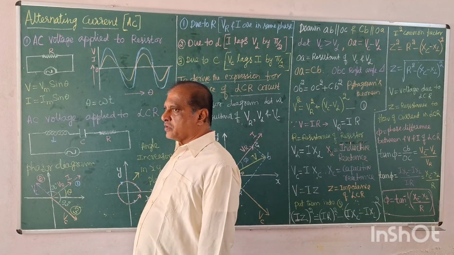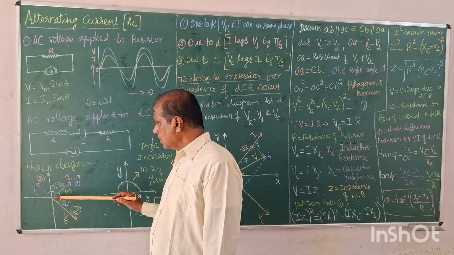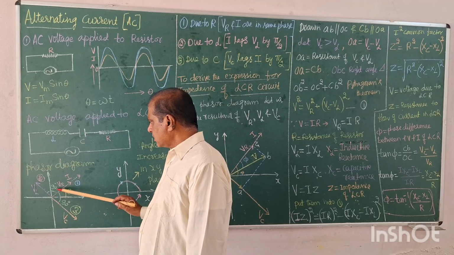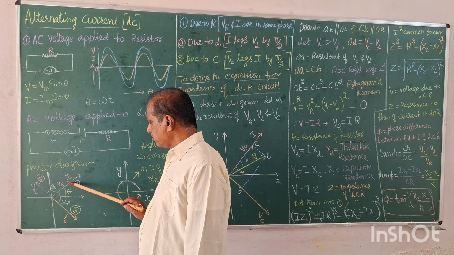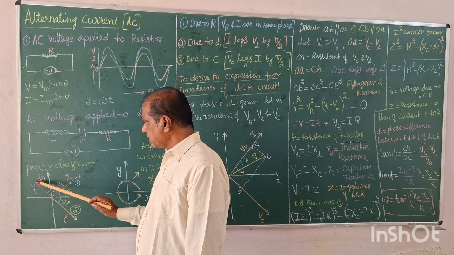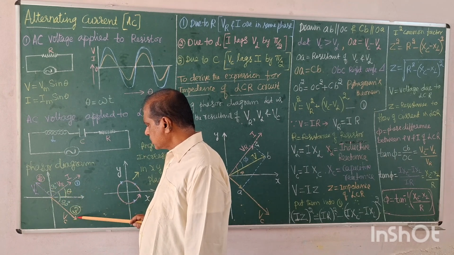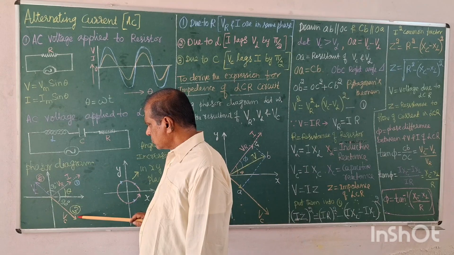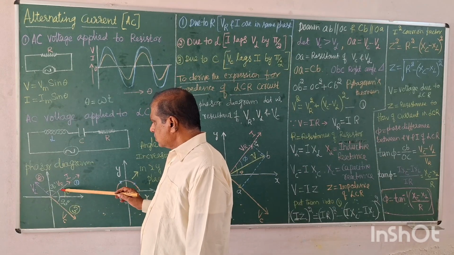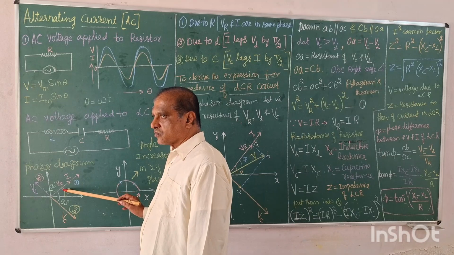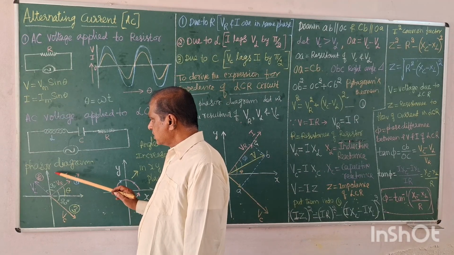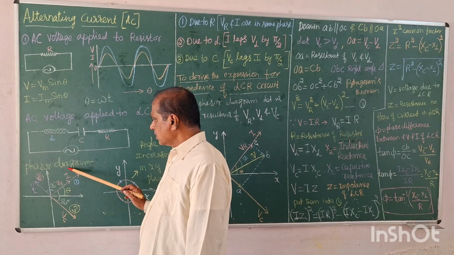Magnitude: what is magnitude? I am taking it as the peak value. So the length of the line represents the magnitude, the peak value of the voltage. This is the peak value of this voltage. This is the peak value of this voltage. These are three vectors. So you will see that in this geometrical arrangement, it is called a phasor diagram.